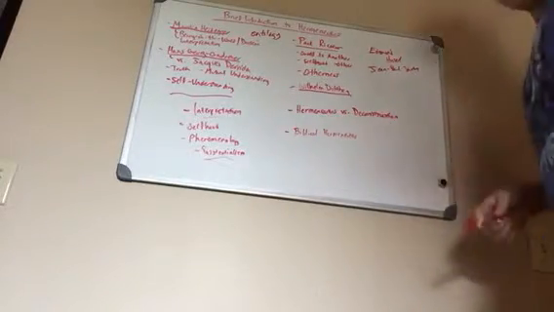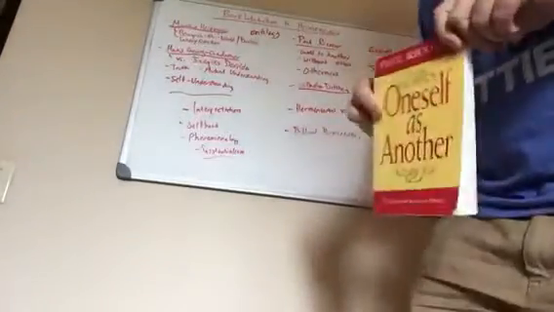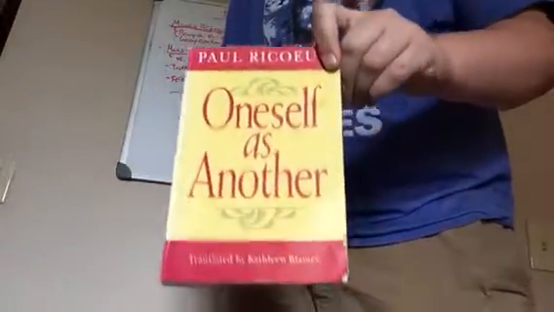To Paul Ricoeur, well, first off, another book I have is a book that is full of some of Gadamer's writings. Another figure is Paul Ricoeur. This is a great book by Ricoeur if you want to read Ricoeur, Oneself as Another.